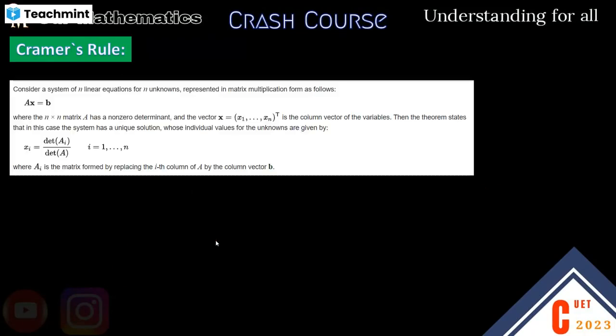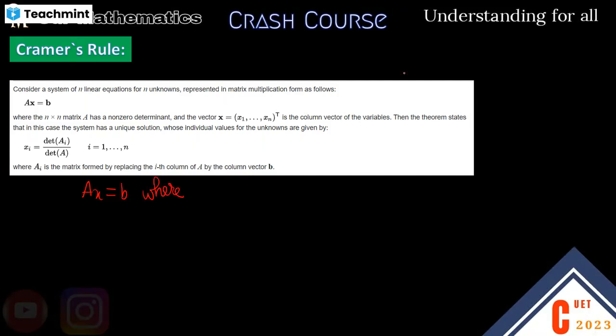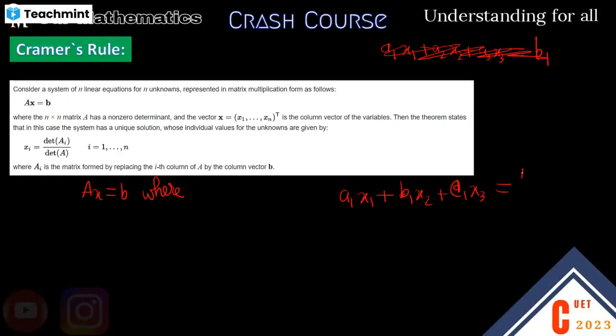Okay, so now there comes Cramer's rule. What is Cramer's rule? According to Cramer's rule, if we have AX = B, for example, let's consider this system: a1 x1 plus b1 x2 plus c1 x3 is equal to d1.